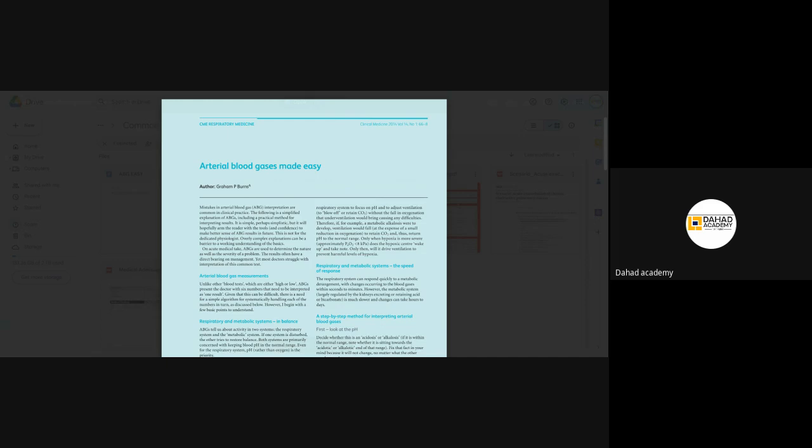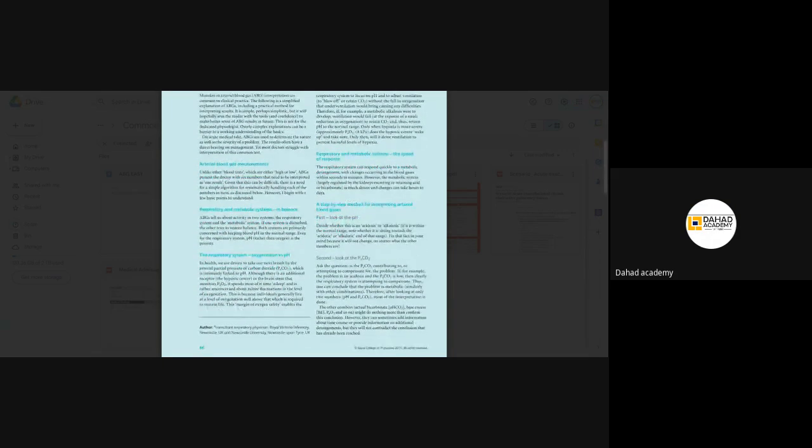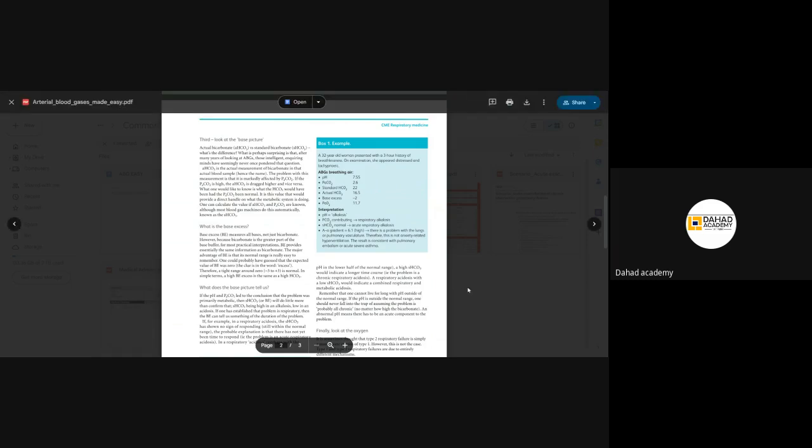So if the patient has a pH of 7.25, it means that the patient had acidosis. Then have a look at the PO2. If it is on the lower side, it means the patient had respiratory failure.